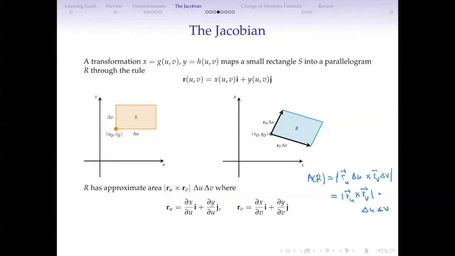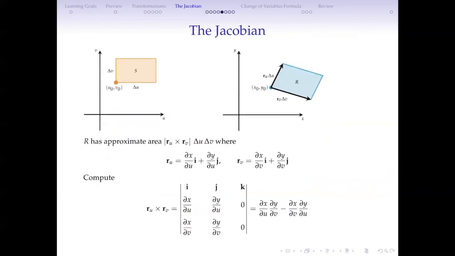If I remember now the definition of r_u and r_v, I can calculate this cross product. So let's do that. We concluded that the image parallelogram in the xy plane, that's what S maps to, has approximate area the magnitude of r_u cross r_v times delta u times delta v.